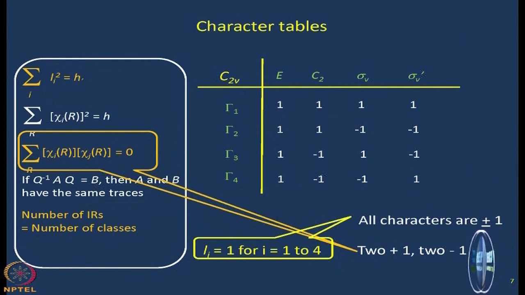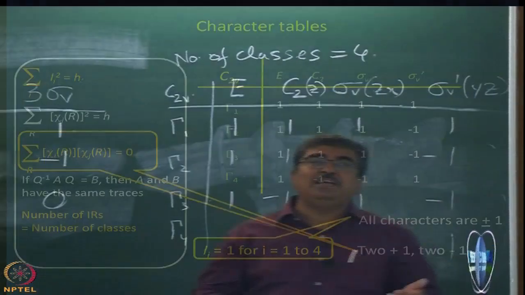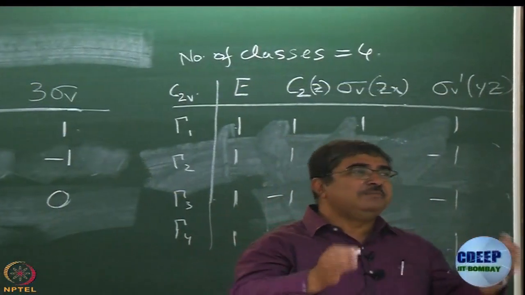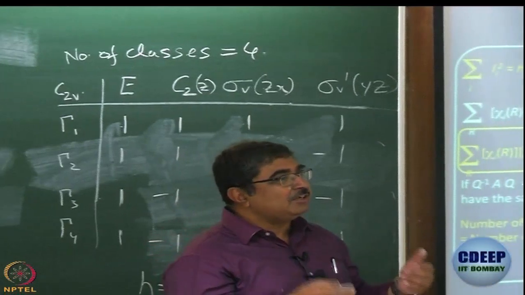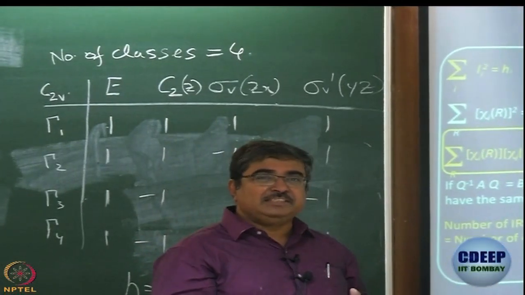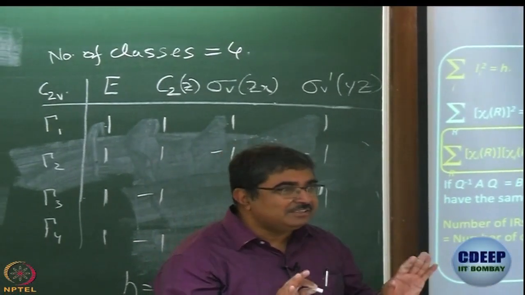By doing what is called a proper similarity transformation, those who are acquainted with matrix algebra would know what I am talking about here, or those who have studied a little bit of group theory, this is called similarity transformation. So, by an appropriate similarity transformation, we should be able to reduce that 2-dimensional representation into its constituent 1-dimensional representations. We do not have to do it.